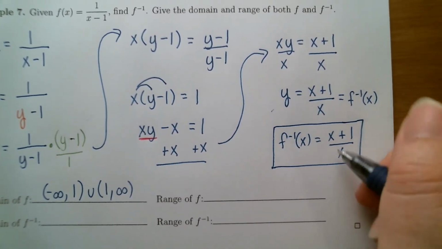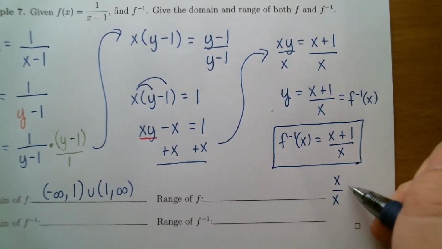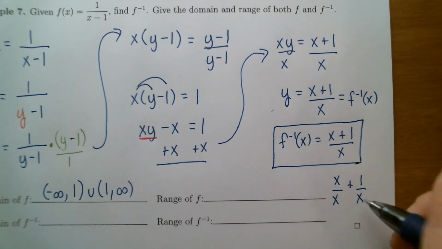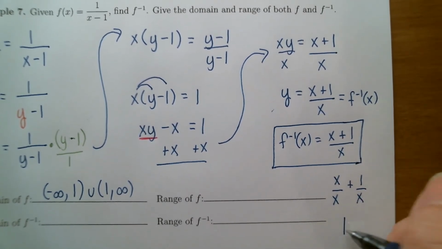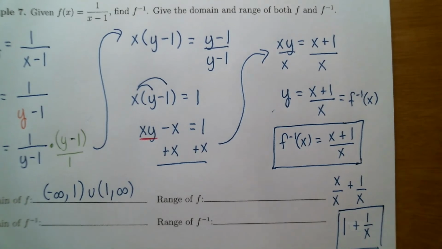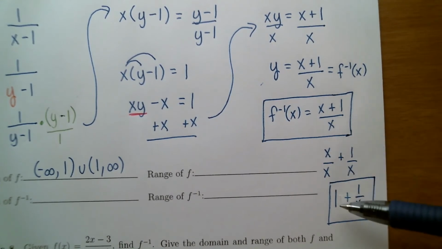You could take everything in the top and divide by x, so you can do x divided by x plus 1 divided by x to get 1, since x divided by x is 1, plus 1 over x. This is another way you can write the inverse function. They look different, but they are equivalent. So I would accept either answer.